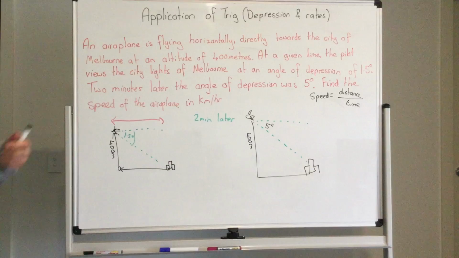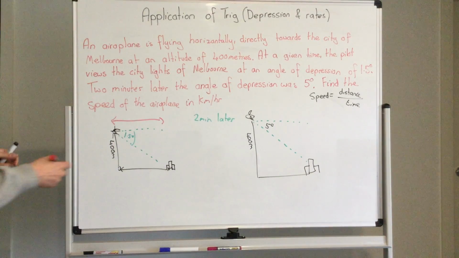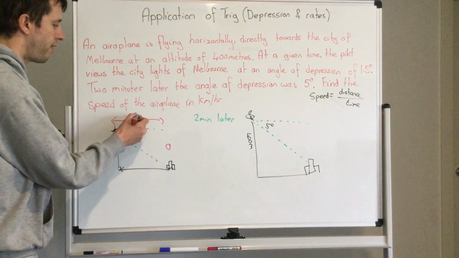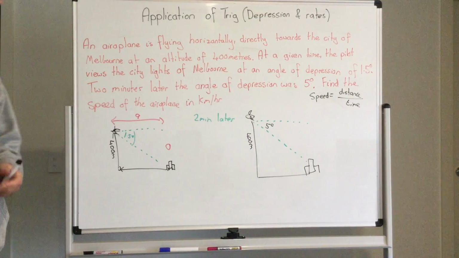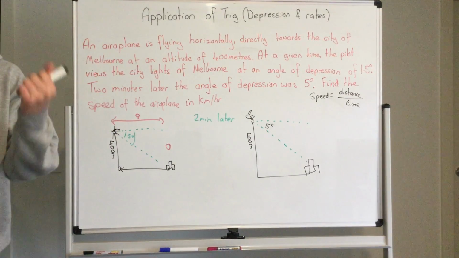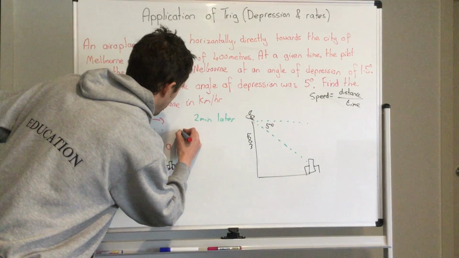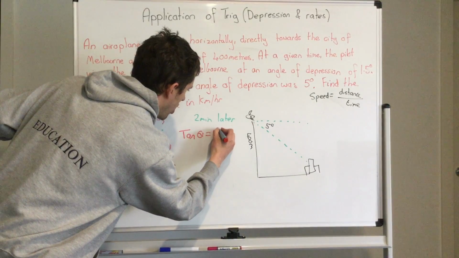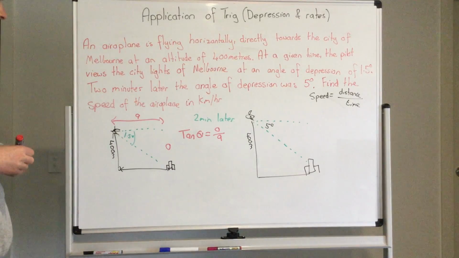To find distance, we need to find this part of our picture, right here. If I'm thinking about the information of this triangle, I know the opposite side, and I'm trying to find A. So using O and A, I'm thinking about tan. Tan alpha equals opposite over adjacent. Now I can fill in my information.